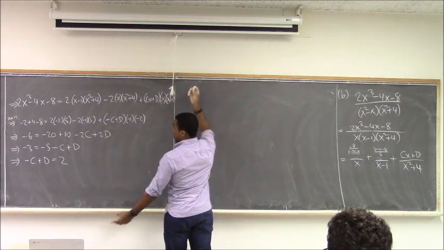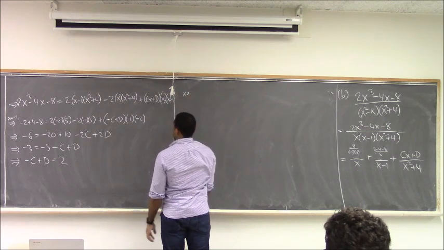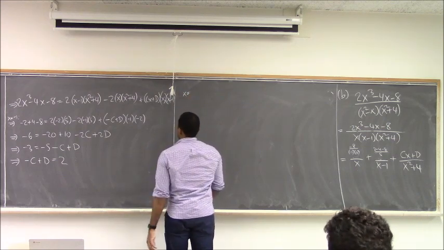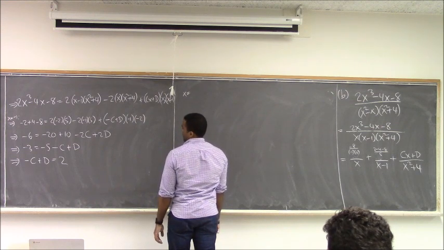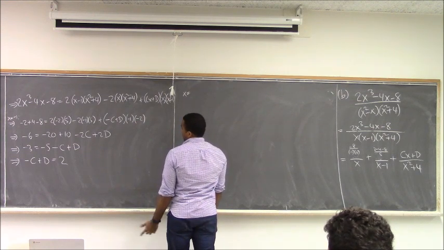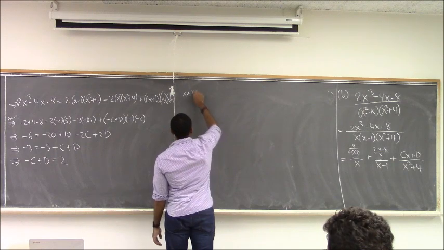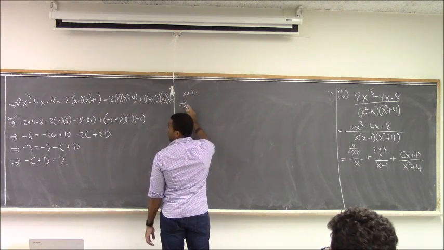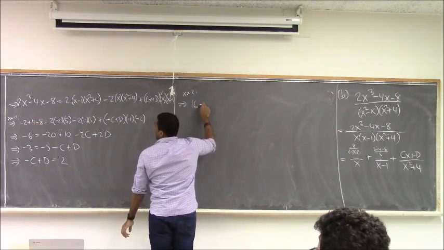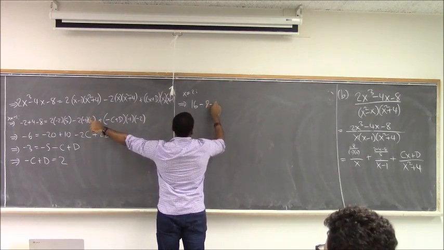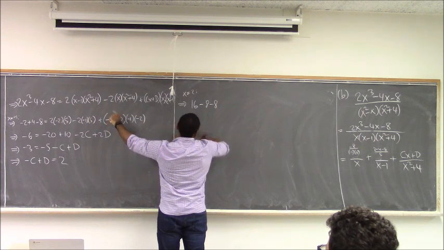Now, I can plug in another convenient number. What do you want to try? 2. So 0 is already taken, 1 can't work, that's already taken, -1 is taken, so I guess 2 is the next option. If my x equals 2, I would get 8 here times 2, that's 16. 8 minus 8, well that's actually 0.